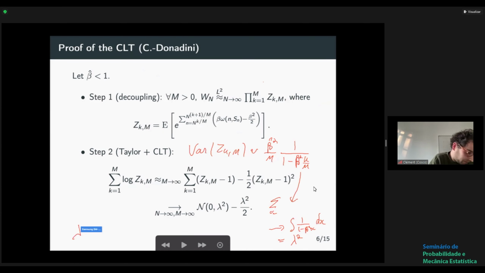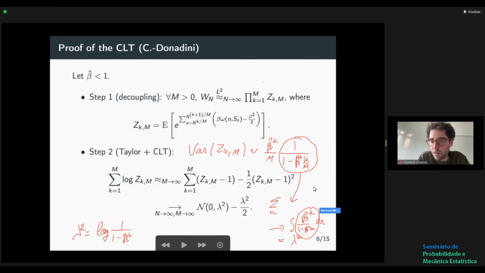Lambda squared was 1 over 1 minus beta hat squared. But you see that indeed the variance profile here is not constant in k, and it will not be constant at the limit as well, because you get this variance profile that is not constant in x. So they are not IID, but the variance profile is strictly monotone, and it's bounded also from above and from below. Was this your question?